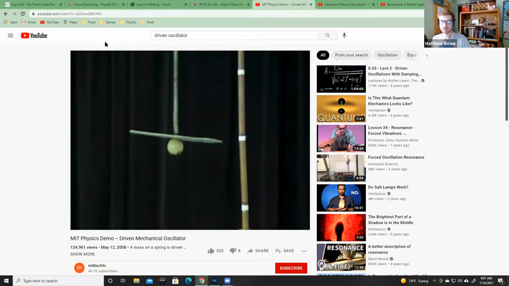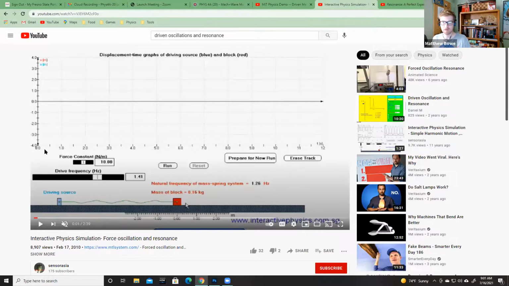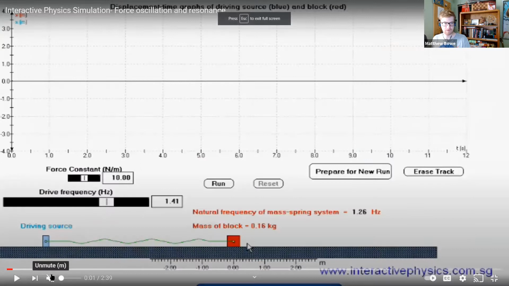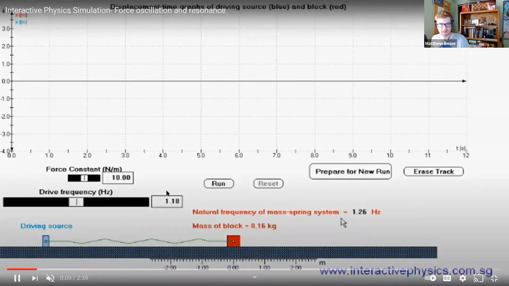Okay, just in general, let's go to, yes, this one. So now let's go to this example where we have a simulation of, look down at the bottom, there is a mass on a spring and someone can control the drive frequency.